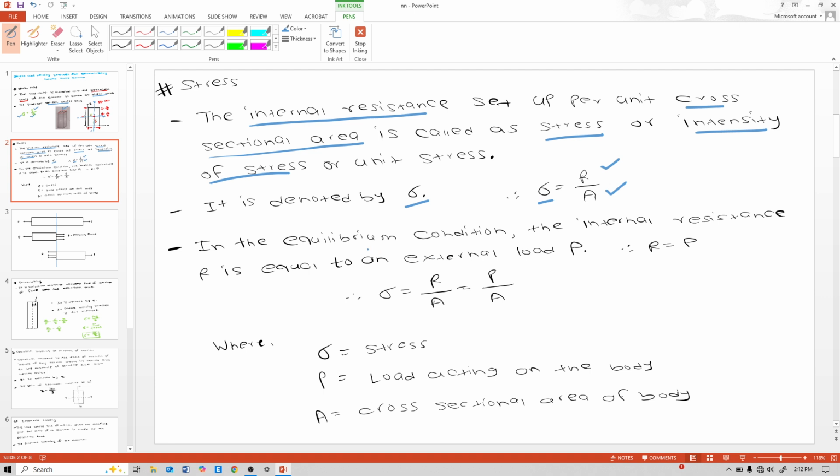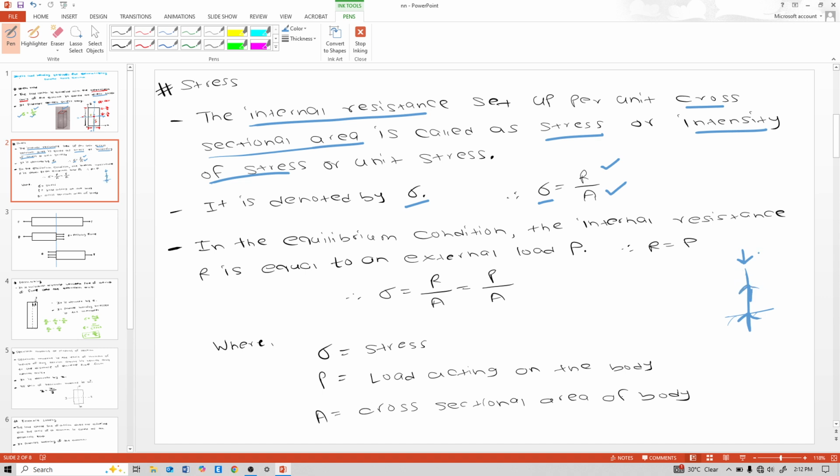So see, in the equilibrium condition, the internal resistance R is equal to the external load P. See, if it is a column like that, and this load is acting on the centroid of this. Due to that action, there is an equal and opposite reaction. Here, equal and opposite reaction occurs.